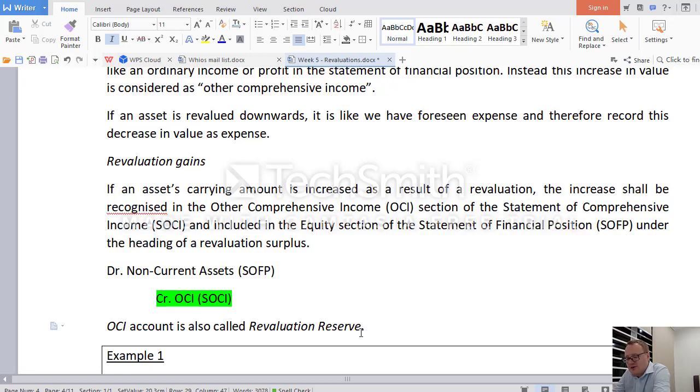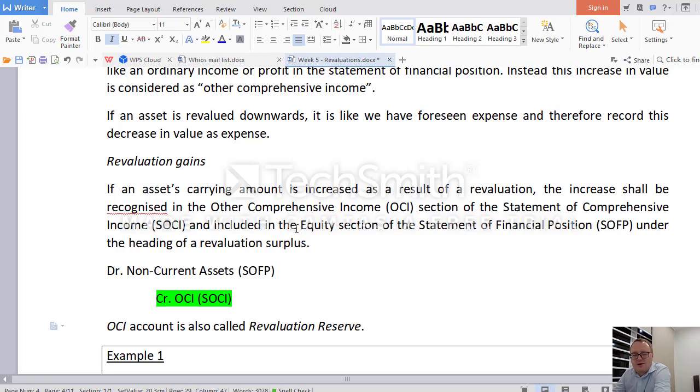So every time you see the word Revaluation Reserve or Revaluation Surplus, it means it's not income statement. It is statement of comprehensive income, the section Other Comprehensive Income. So please make sure this is not profit and loss, not income statement.